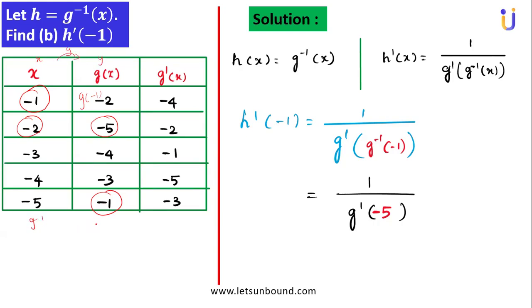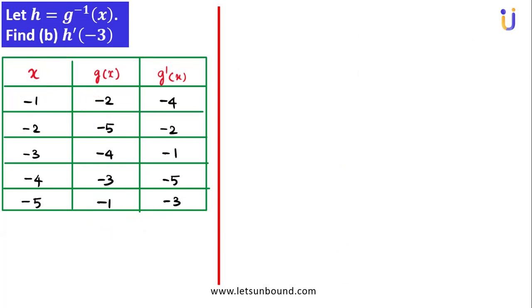This is your g inverse of x, right? From this to this we have to go. So minus 1 means it's minus 5. That's how I got g inverse of minus 1 is minus 5, right? Just go in a reverse way. And g dash of minus 5: x is minus 5. What is g dash? We will check that. It's minus 3. So 1 over minus 3, which is minus 1 by 3.